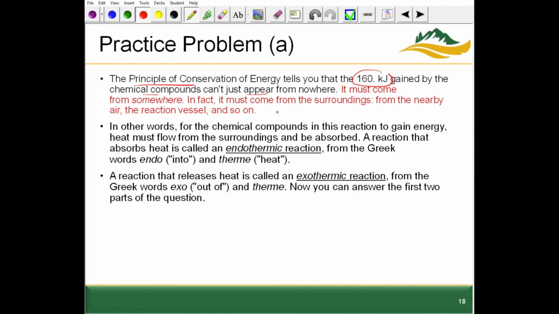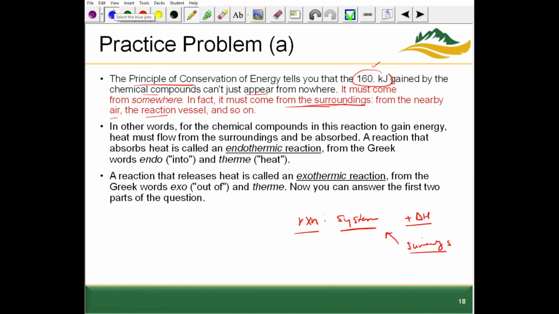If it's an endothermic process, that means the system is gaining or absorbing energy from the surroundings. So that amount of energy must come from the surroundings, which could include the air, the reaction vessel, and so on. The reaction we're looking at is our system. It gains energy from its surroundings because we see that positive delta H, so it's an endothermic process.